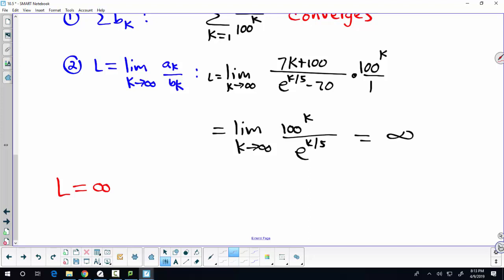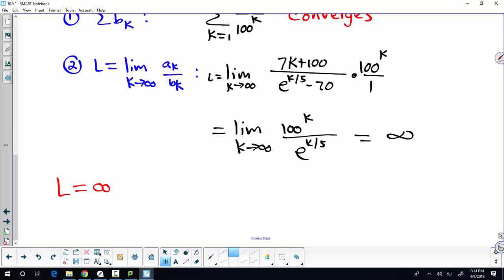Yeah, so a sub k grows faster than 1 over 100 to the k. And so we've got a series 7 plus k over 100, etc., that grows faster than a convergent series. So the series that we've chosen is convergent, and the series that we're testing grows faster than a convergent series.